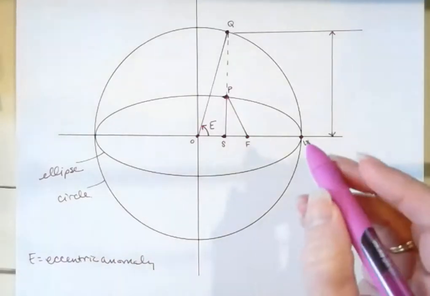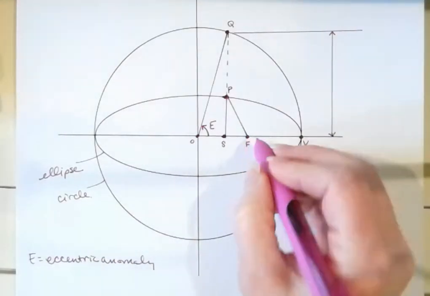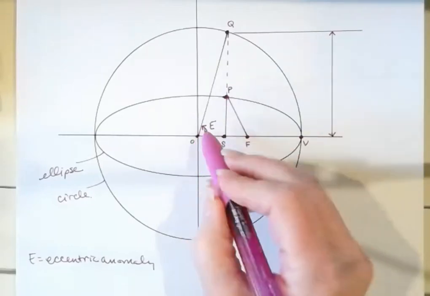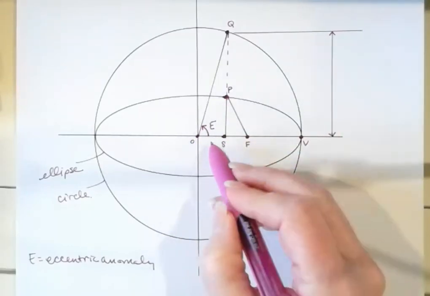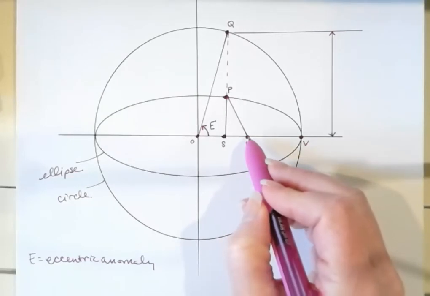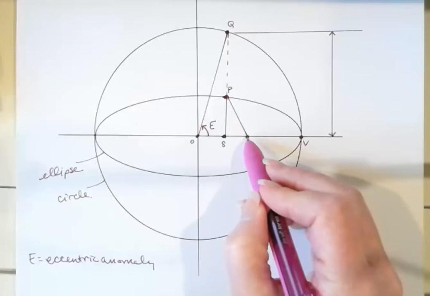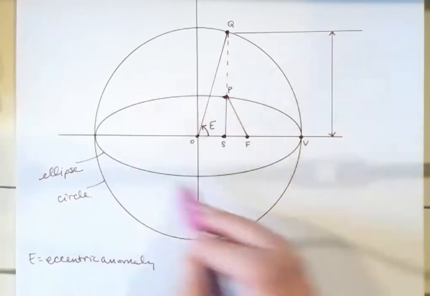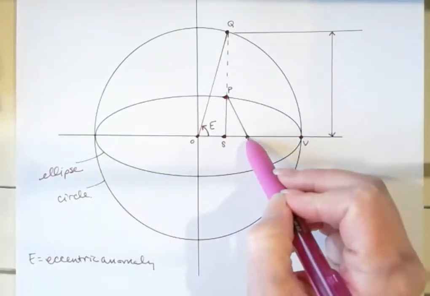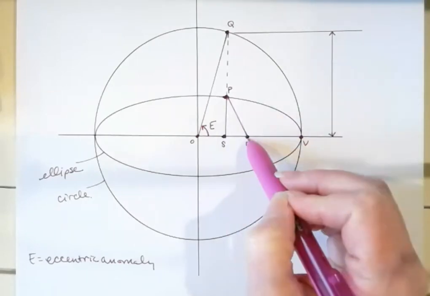Okay, and then now we've got this point O. Alright, so point O is just the center of this circle and the ellipse. And then over at this point we've got F. So F is our focus. So remember, the focus would be like the Earth or the main planet. And then we've got an object orbiting on the ellipse. Okay, so F is going to be your main planet, or the sun, for instance.